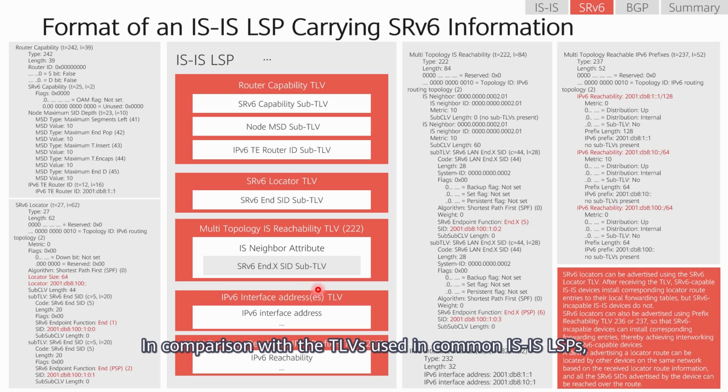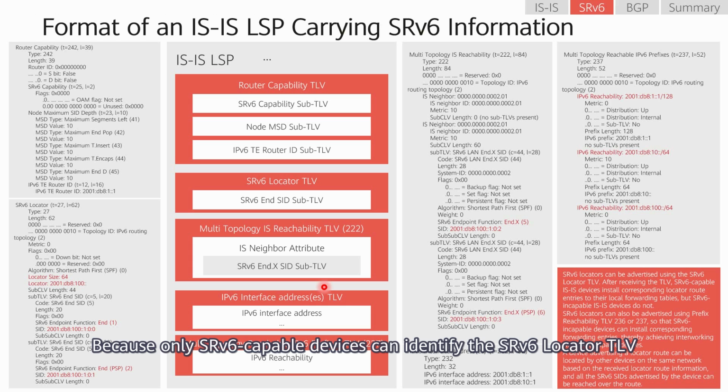In comparison with the TLVs used in common IS-IS LSPs, the multi-topology reachable IPv6 prefixes TLV carries a type of key information, locator route. This route is similar to an SRv6 locator route, which is a clever design in SRv6.